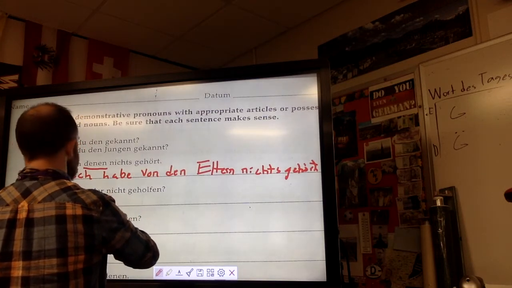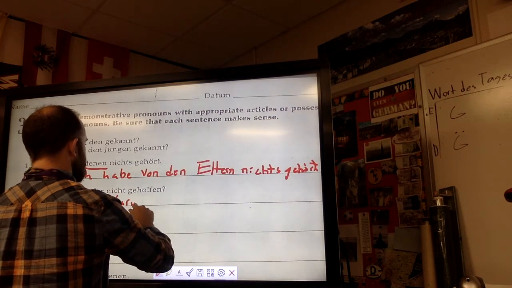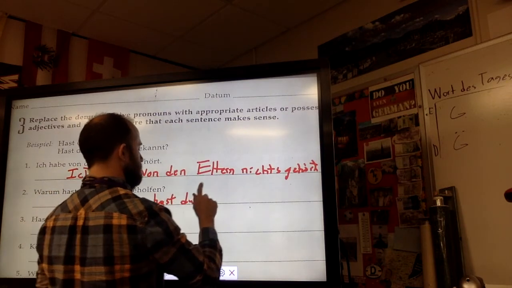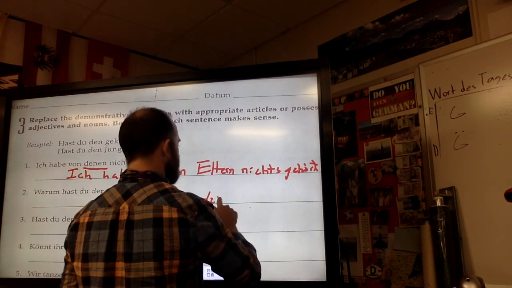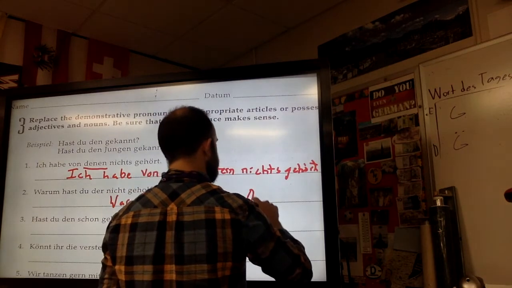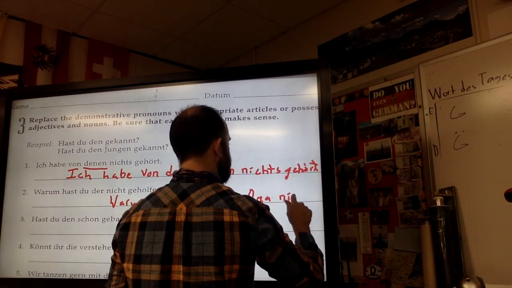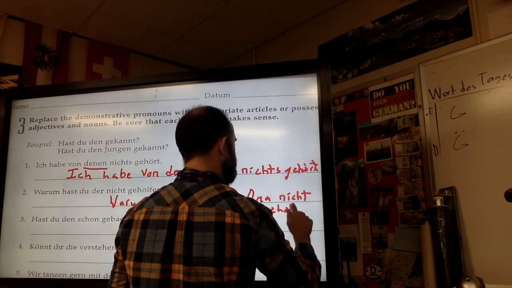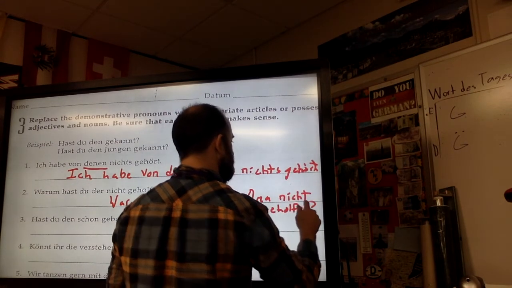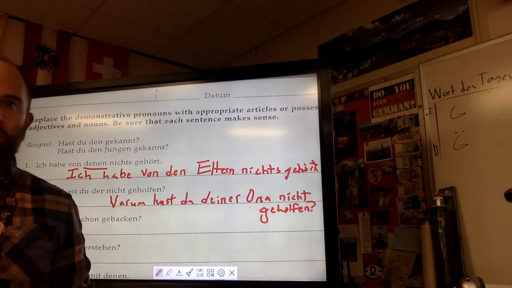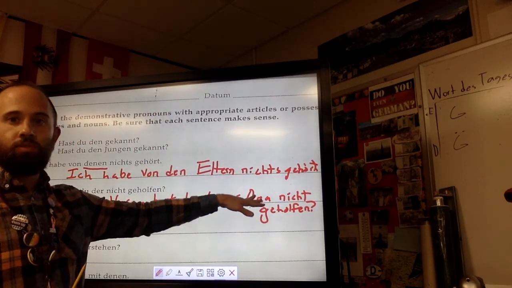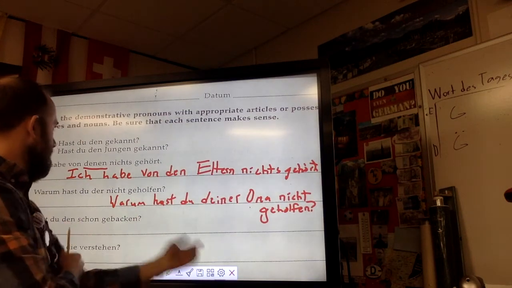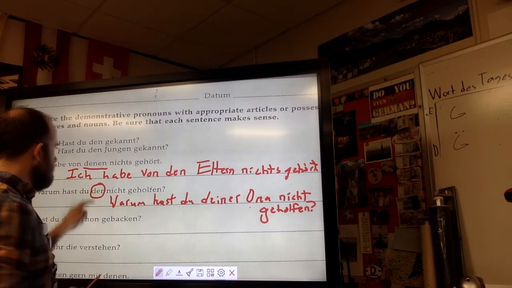You might ask, warum hast du deiner Oma nicht geholfen? What you're doing with a demonstrative pronoun is getting rid of the person or thing, and just replacing it with der.